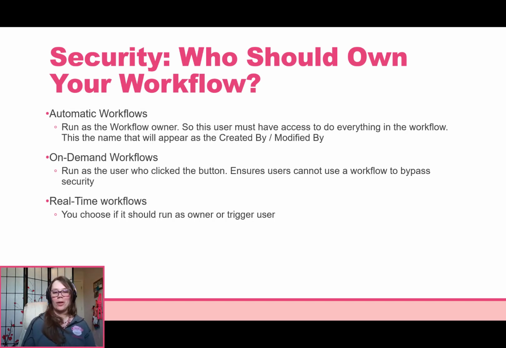And then with real-time workflows, we already talked through this, but you can choose if that runs as the workflow owner, so it would be running similar to your automatic workflows, or if you want it to run as the trigger user, so the person who saved that record that triggered the real-time workflow. And this depends on what that workflow is doing, how you want to determine that.